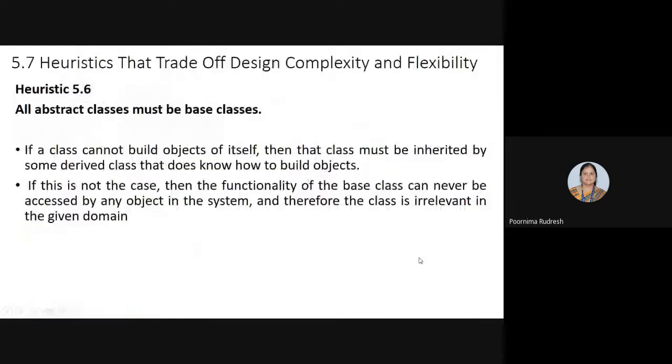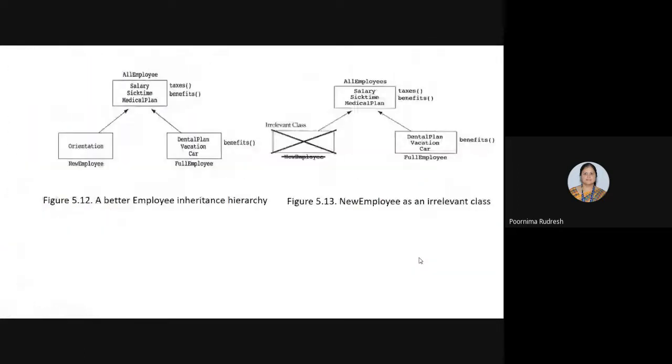But once the new employees are hired, we change the new employee class into an all employee class, and we create one more derived class called the new employee class that inherits the properties from the all employee class. Clear? For the new employee, orientation is required, but for the full employees, orientation is not required, so it is treated as a separate derived class.